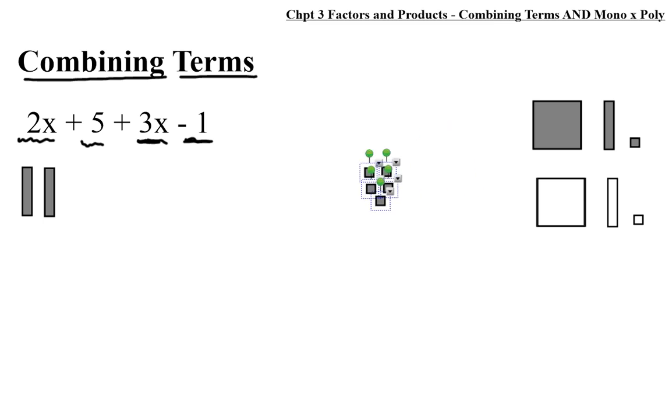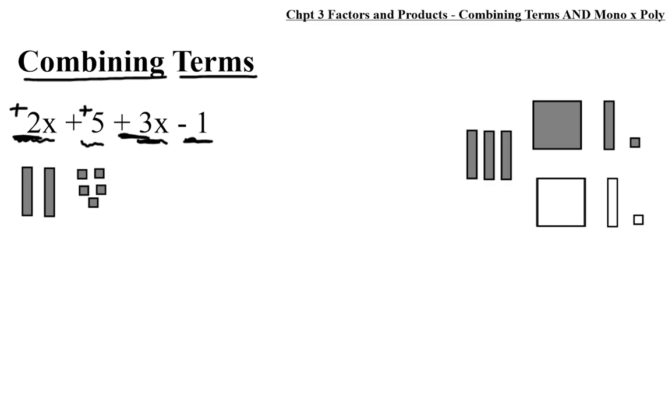Each term can be represented by tiles. Please don't put signs in between tiles. Signs are totally unnecessary because signs get described by the coefficient. This is positive 2x tiles. This is adding positive 5 tiles. We now want to add positive 3x tiles, so I need 3 more x tiles that I can put in for this polynomial expression.